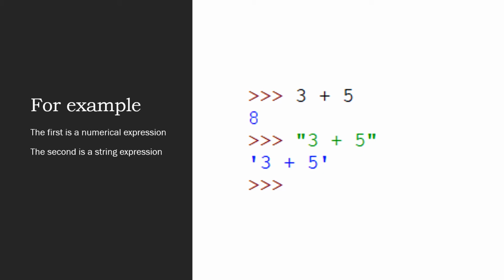In the next example, I've typed 3 plus 5 in quote marks, and that tells the computer to treat it as a string, and so the computer has just printed out the string. So if you've got the Python shell open on your computer, try typing those expressions and other expressions of that kind and see what you see.